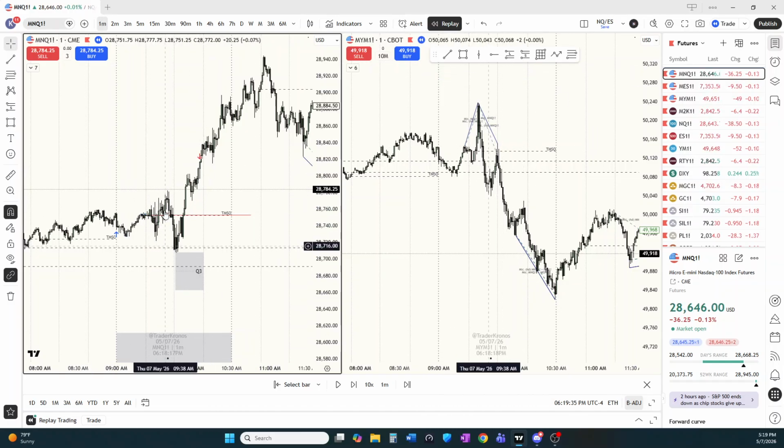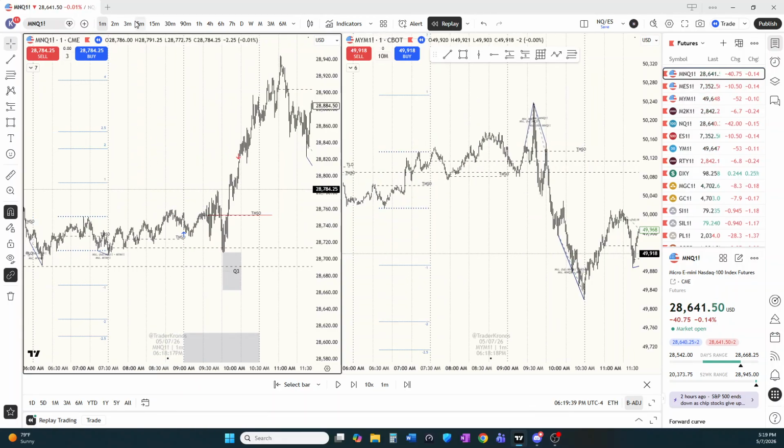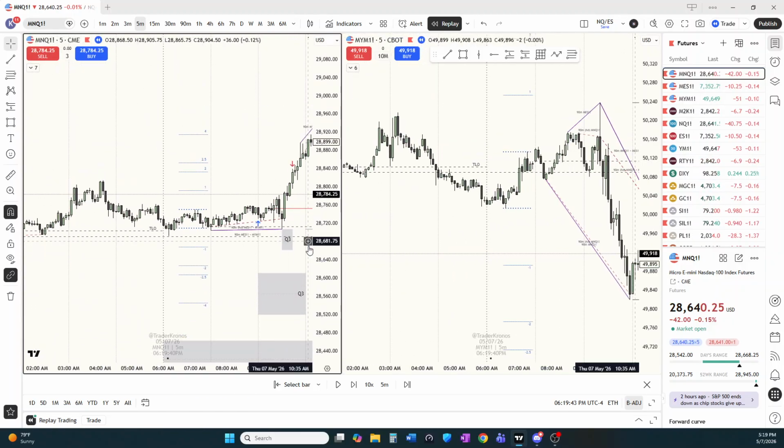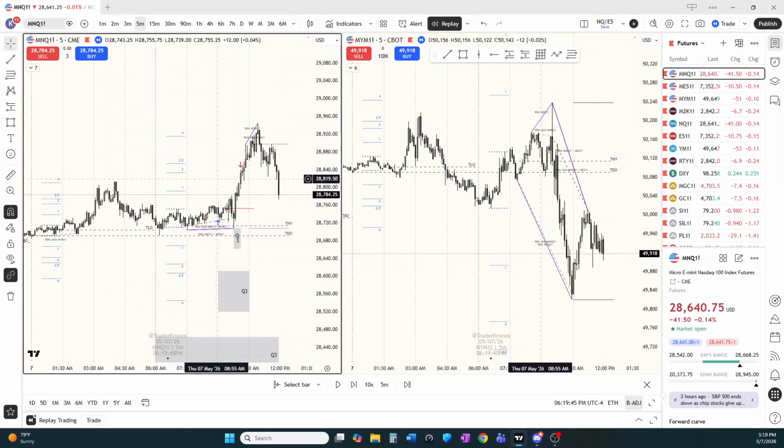I don't really use the defining range too much on the microcycle, but it works there even still. But if you look at the 90-minute cycle, the standard deviations tell you where price can reach to. If those standard deviations line up with liquidity, it makes that a very high probability target.